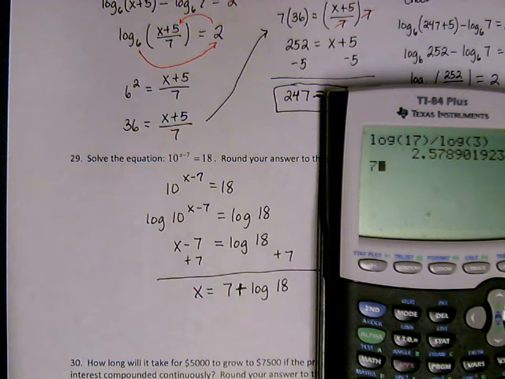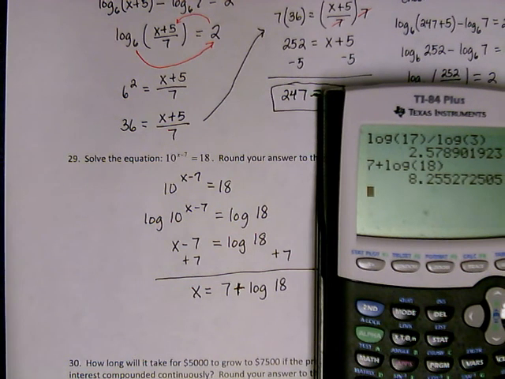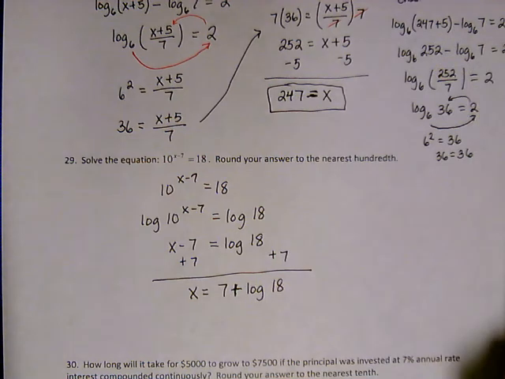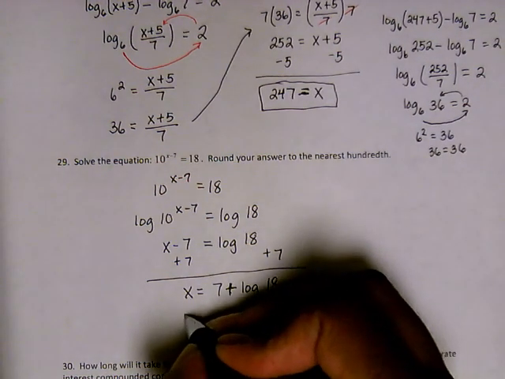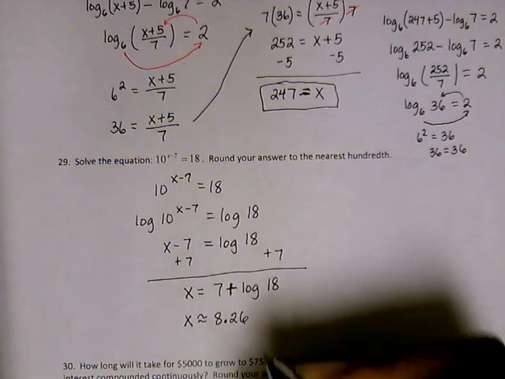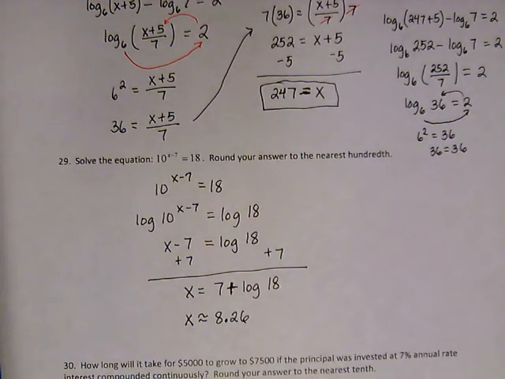So here we type in 7 plus, press the log key, and then 18. Close your parentheses. And then I'm going to hit enter. Now the 2 decimal places are to the nearest hundredth. This will be 8.26. So my x value here will be approximately 8.26.